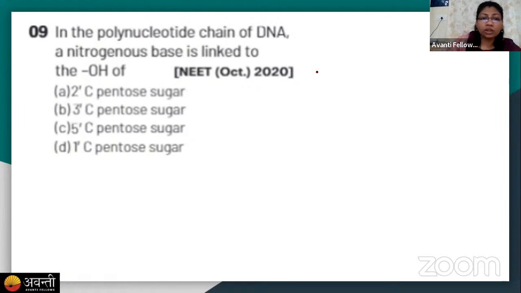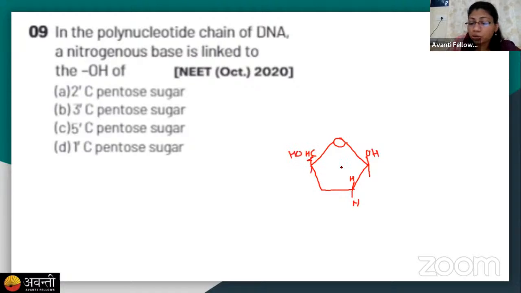As you have already given your answer in the chat box, let's see. It is DNA, so in DNA we are using a pentose sugar, a deoxyribose sugar, because we have converted the hydroxyl group at the second carbon into hydrogen. On the first carbon, we have the hydroxyl group, right? There is a fifth carbon, CH2OH.